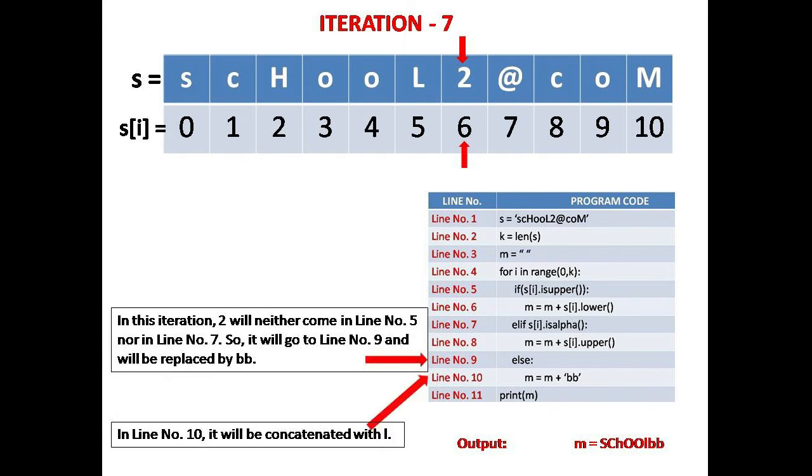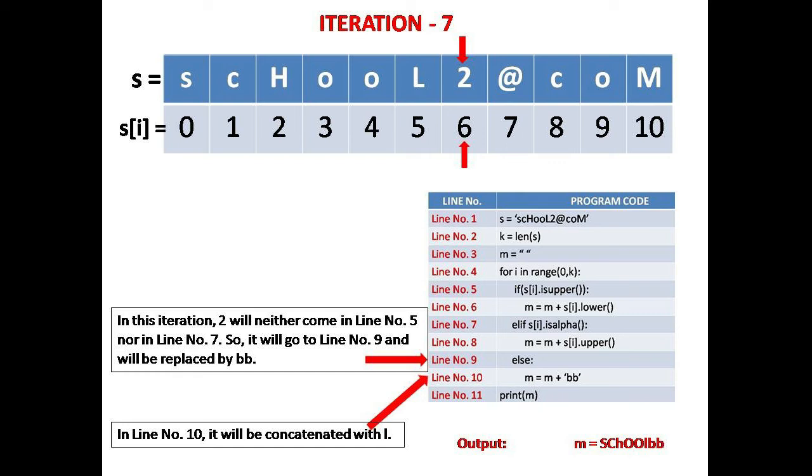Now in iteration 7 the value of i is 6. So the character we are having is 2, which is a number. So it will not go to line number 5 because it is not in uppercase. It will not go to line number 7 because it is also not from the alphabetic list. So it will go to line number 9, which is else.